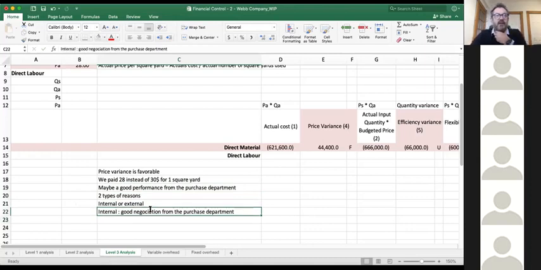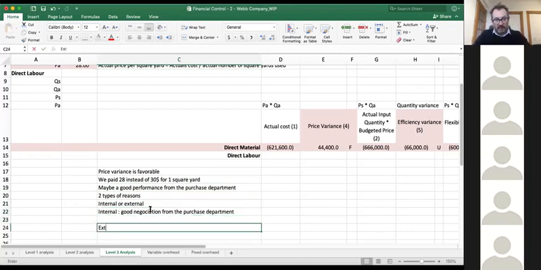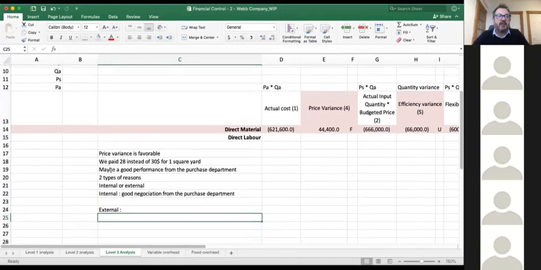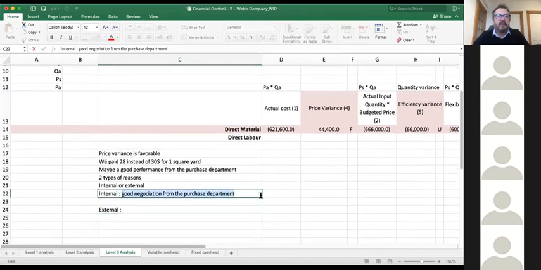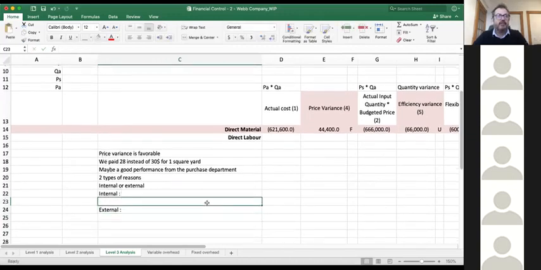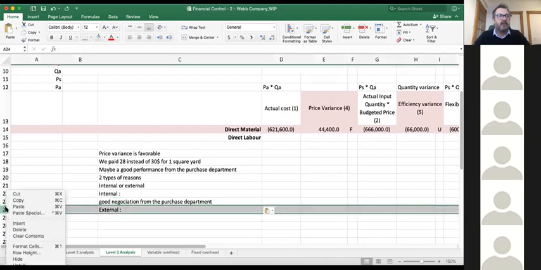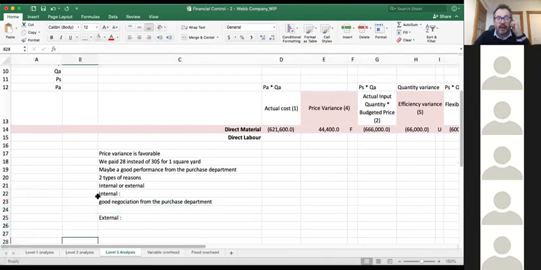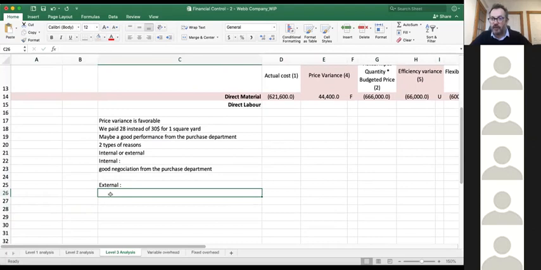What do you see as an internal or external explanation? What could be an external explanation for this? What could be other good reasons why we have a positive, favorable variance?